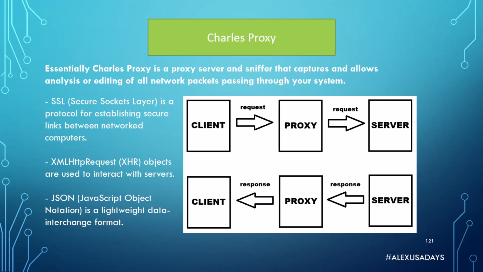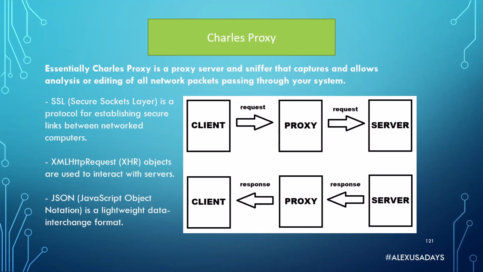The JSON will be inside an API request response, most likely within the XHR request. And then there's JSON itself, so it's JavaScript object notation. It's actually a lightweight data interchange format. So whenever you send information to the server, it's very likely that it might be sent within JSON format, and then the server can respond with that information also in JSON format. Okay, so let's get into it.